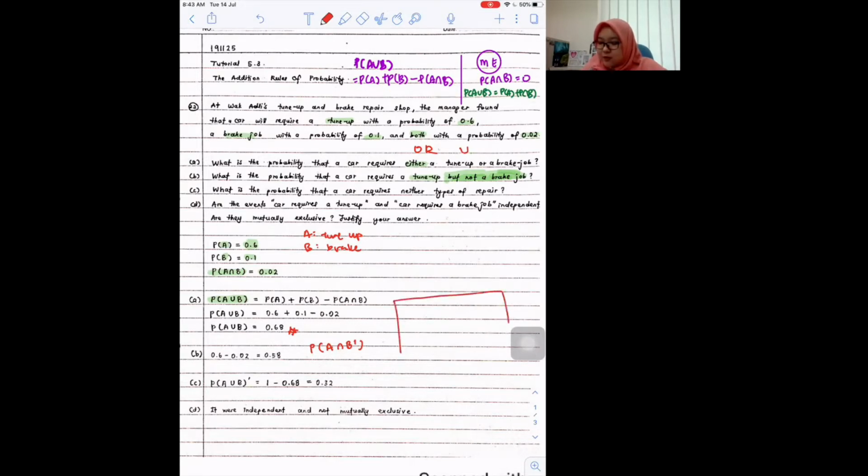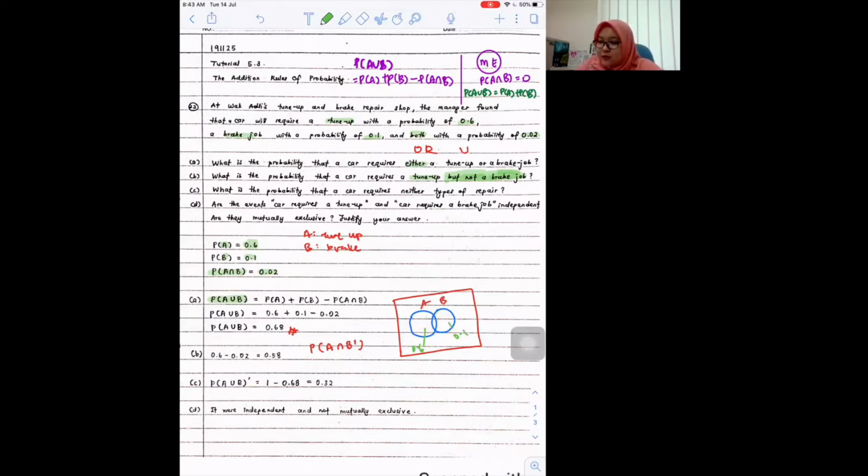If you want to draw a Venn diagram, A, B. So probability of this whole A here is 0.6. Probability of B here is 0.1. And the intersection here in the middle is 0.02.